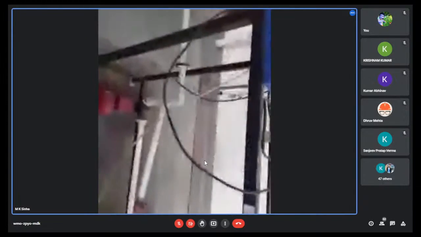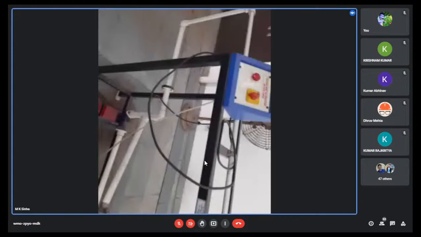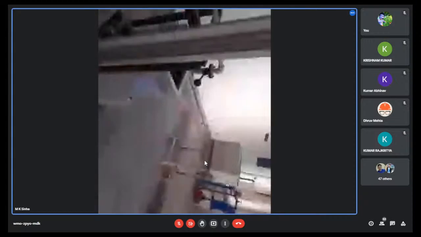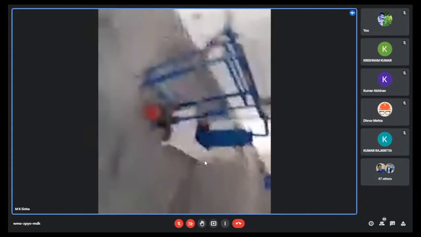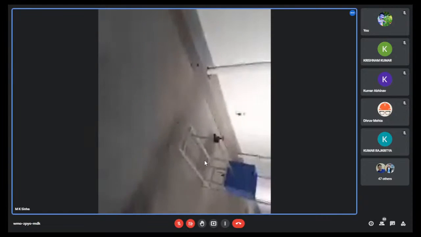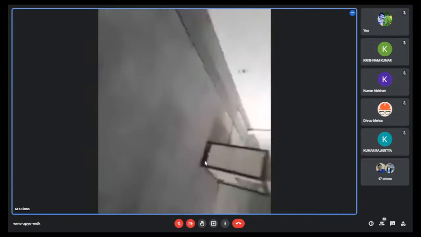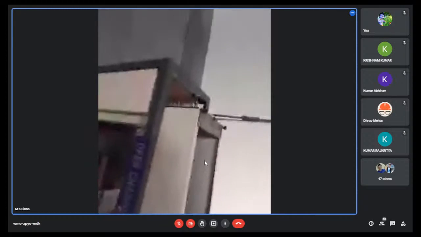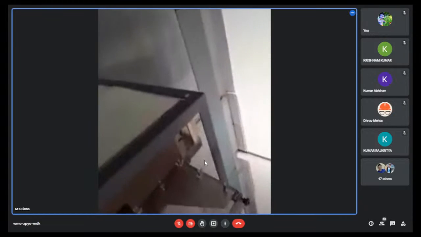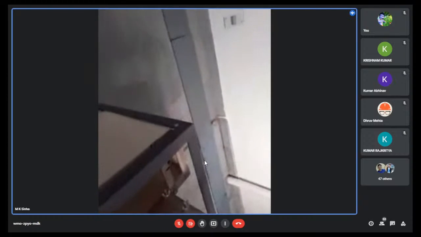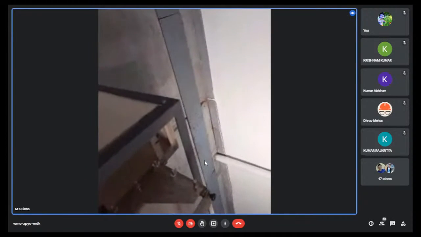Okay, and the last experiment we have is flow through different types of notches. Okay, this is an open channel flow setup, and we will calculate different types of flow by changing the notch angle and the notch parameters.